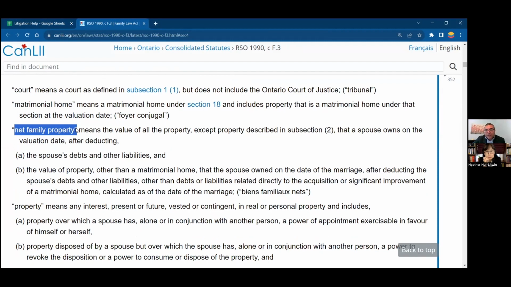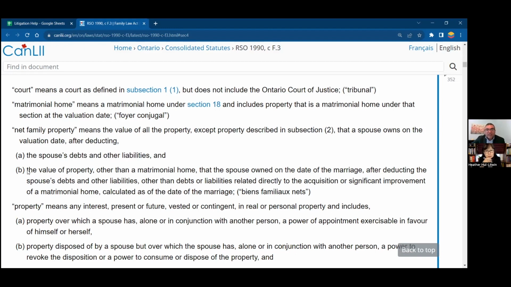And for net family property, we're looking at the value of all property as of valuation date, right? Mm-hmm. And then we're also going to deduct from that debts and liabilities, okay?